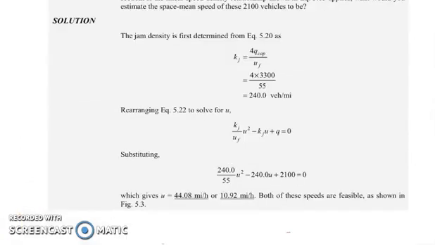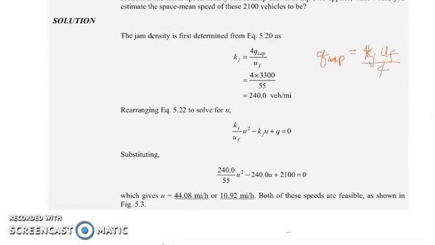To start with, we first have to compute our jam density from the equation wherein the maximum flow capacity is equal to kj times uf all over 4.